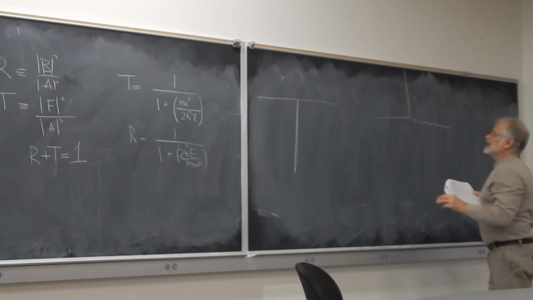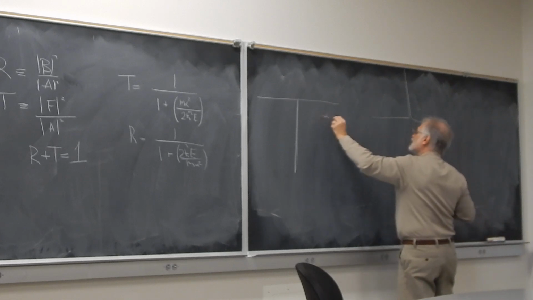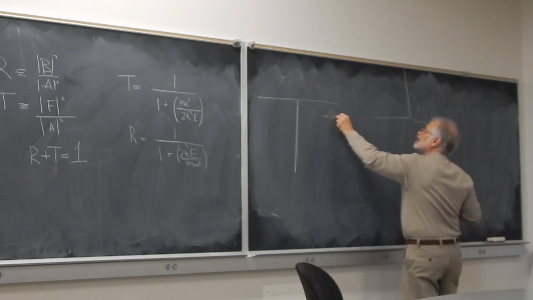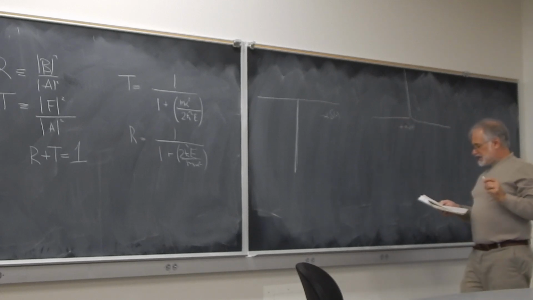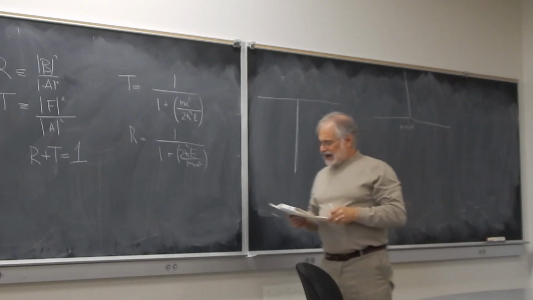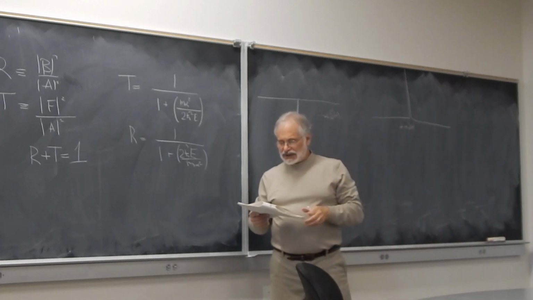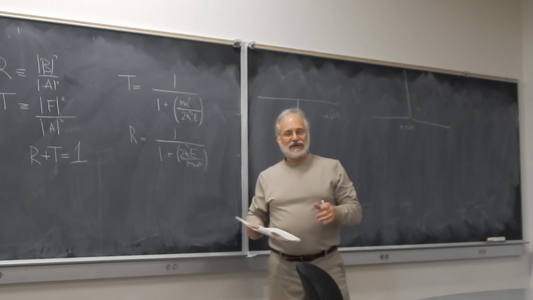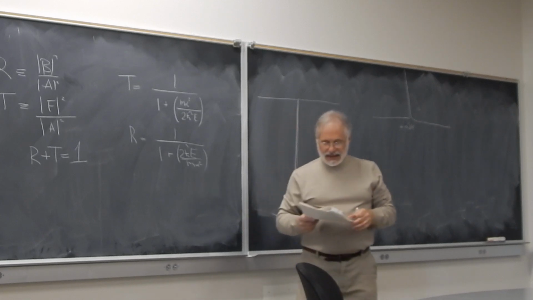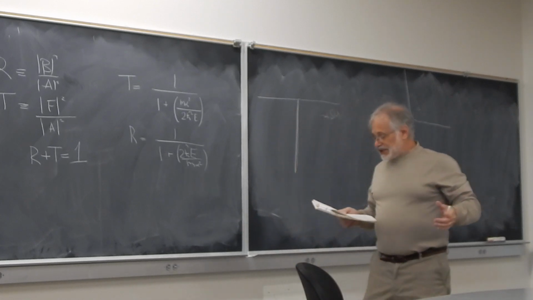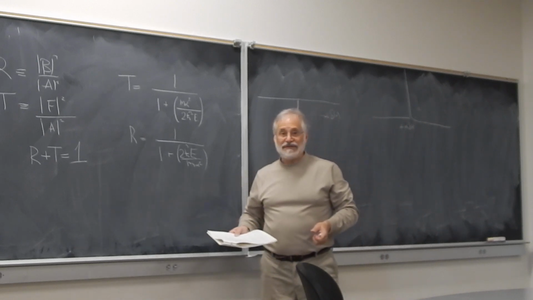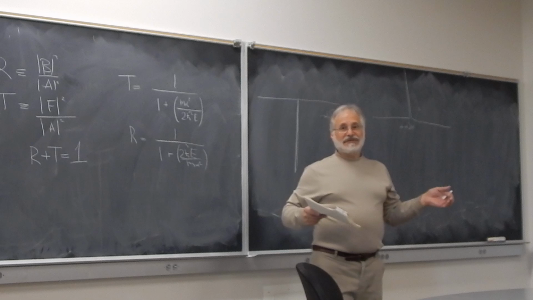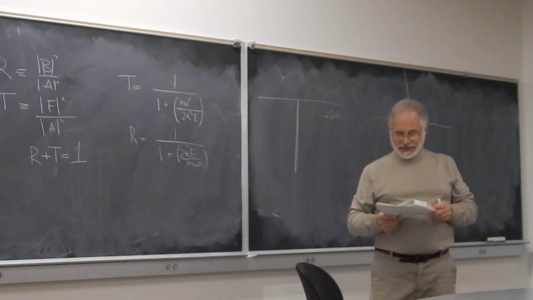So instead of a minus alpha delta x here, we would make this a plus alpha delta x for this potential. And it will be fairly similar, although the results will be that there are no bound states in this case. The reflection and transmission coefficients would be exactly the same as before because they both depend upon alpha squared, and whether it's minus alpha or plus alpha, you're going to get the same number.